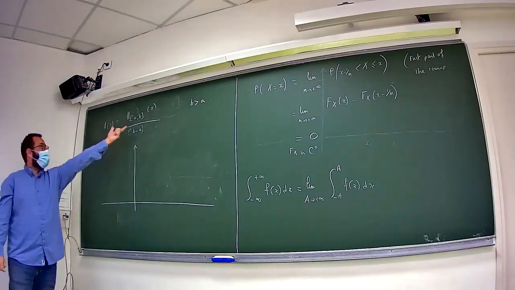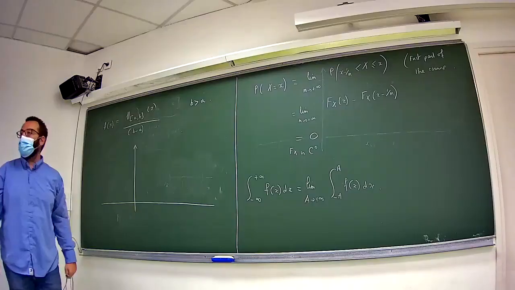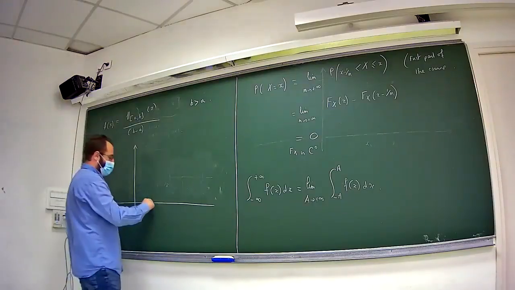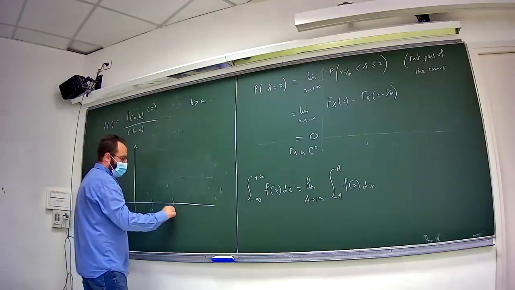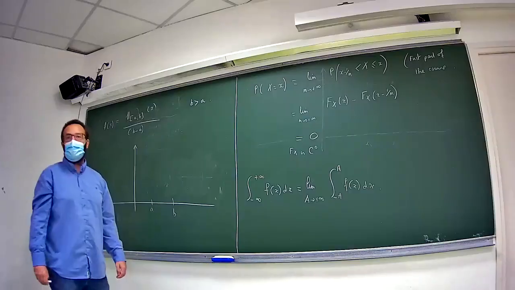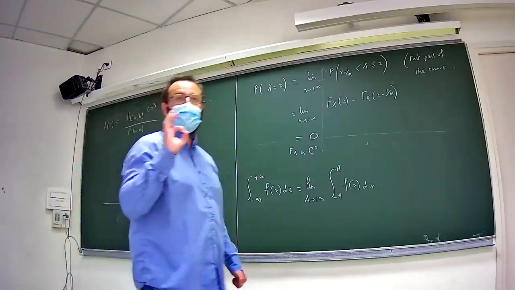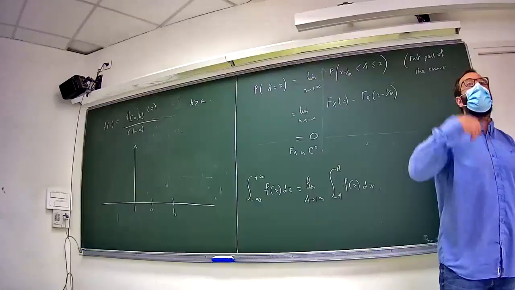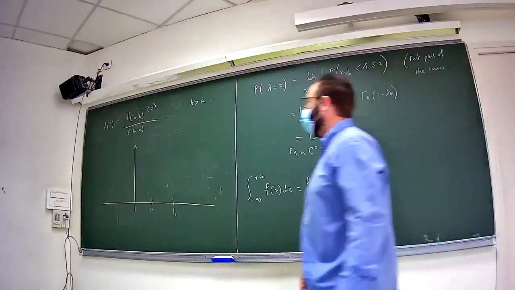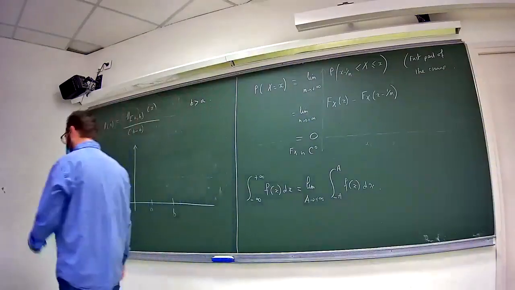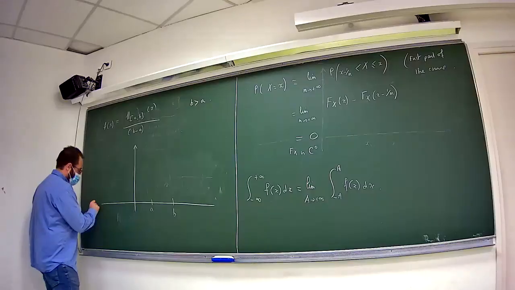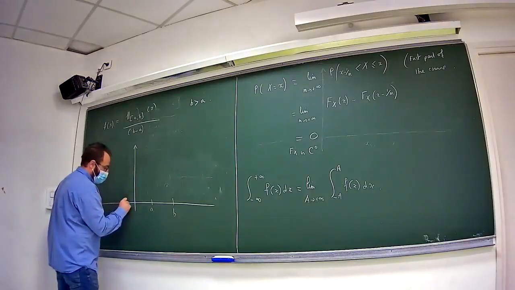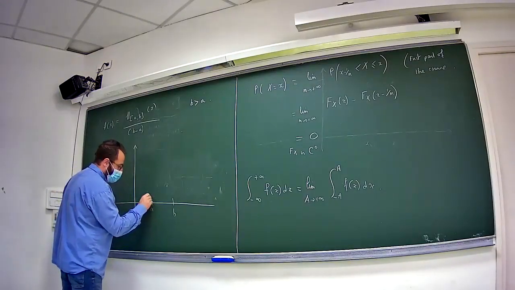If I am outside the interval [a,b], so suppose that you have a and b here, my value is 0 because I have an indicator function: 1 if I belong to it, 0 otherwise. So if I don't belong to the interval, 0. So you have something like this. This way.